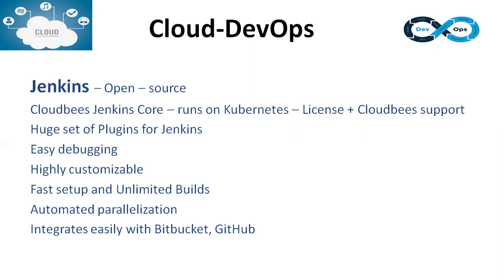The main advantage of Jenkins is the huge set of plugins which provide integration to different tools. That is why it is a highly customizable application, so that we can configure any kind of technology in Jenkins for continuous integration, continuous deployment or delivery.